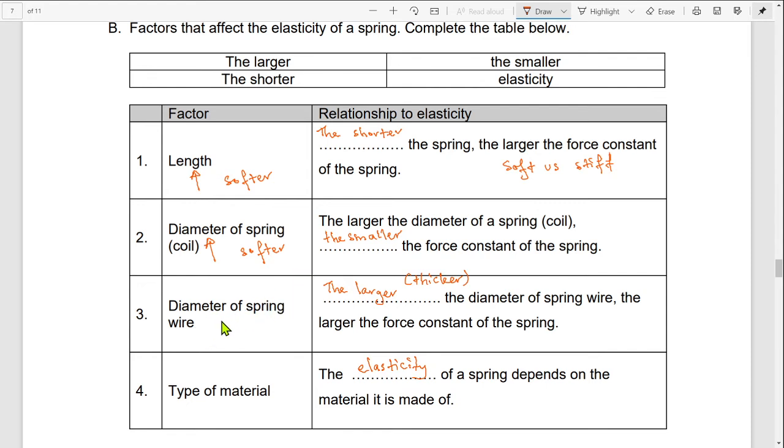Diameter of the wire, if I increase it, then this one will become stiffer. Okay, so that sums up the effect of the change in the factors that affect the elasticity.